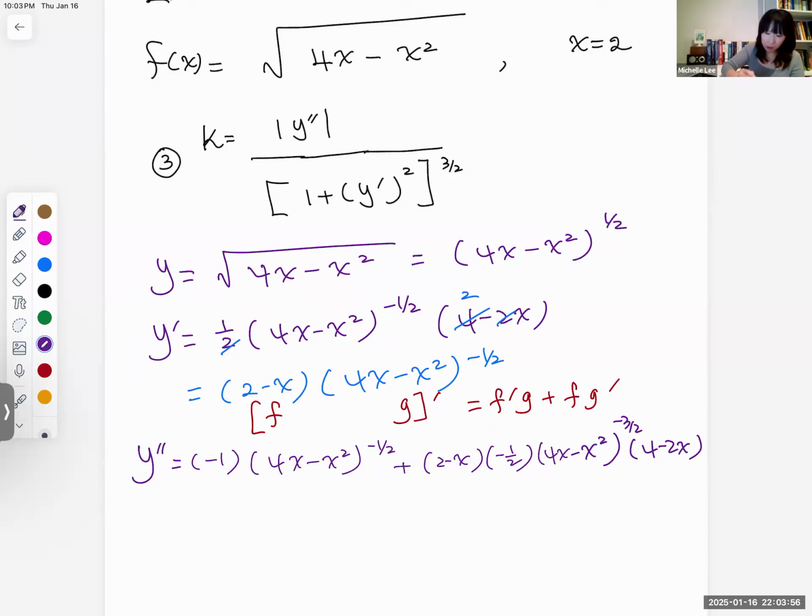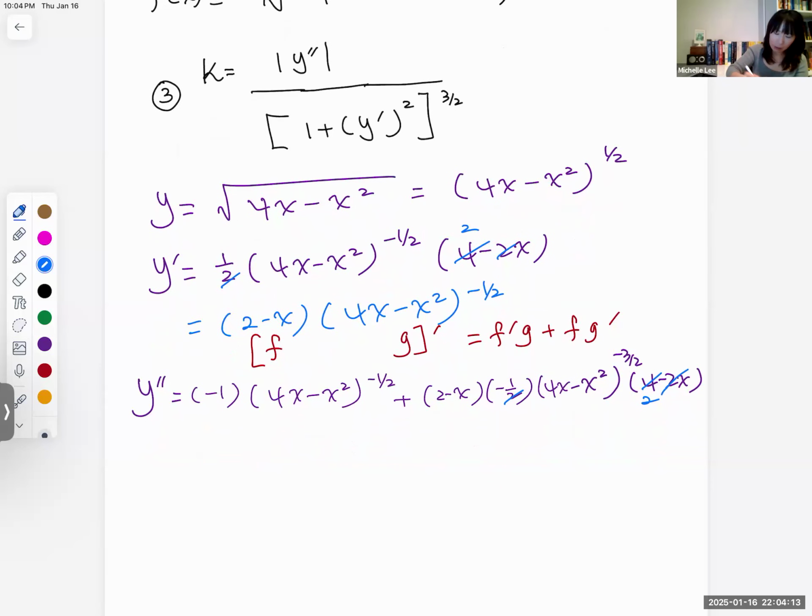Then we simplify again: 2, 2, 1. So that will be negative 1 over (4x minus x squared) to the 1/2 power, bringing down the power.